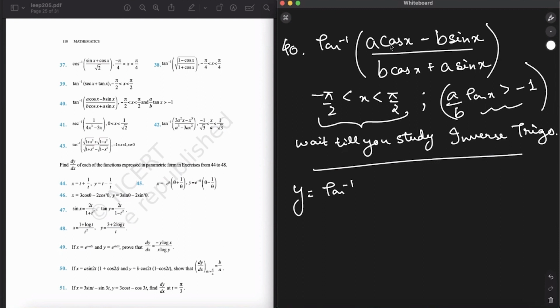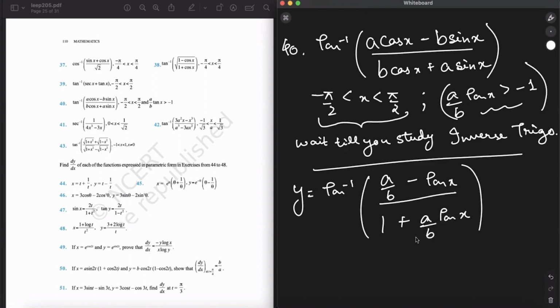If I divide the whole thing by b cos x, I'll be left with a by b minus tan x, divided by 1 plus a by b tan of x. Simple enough.